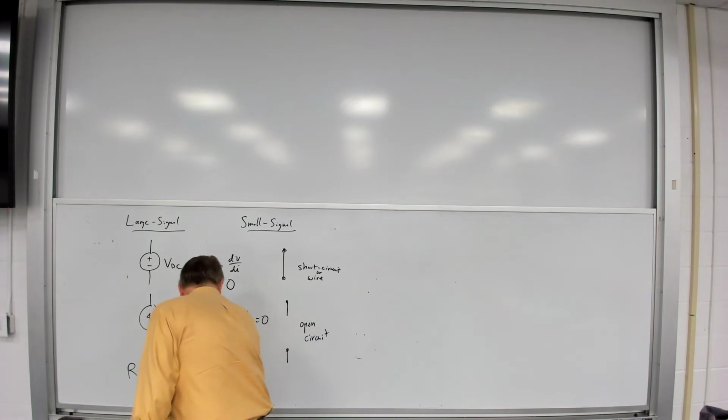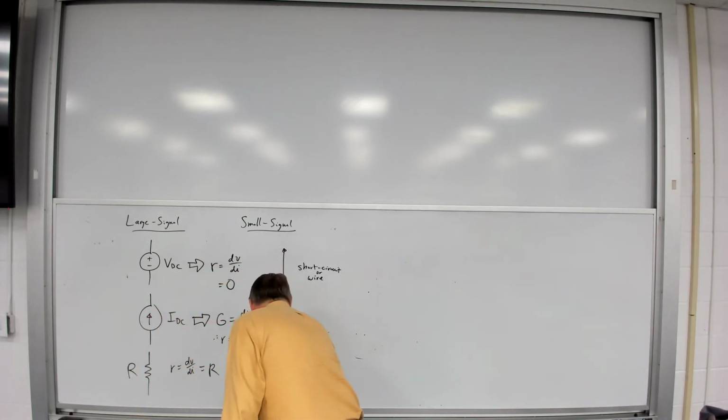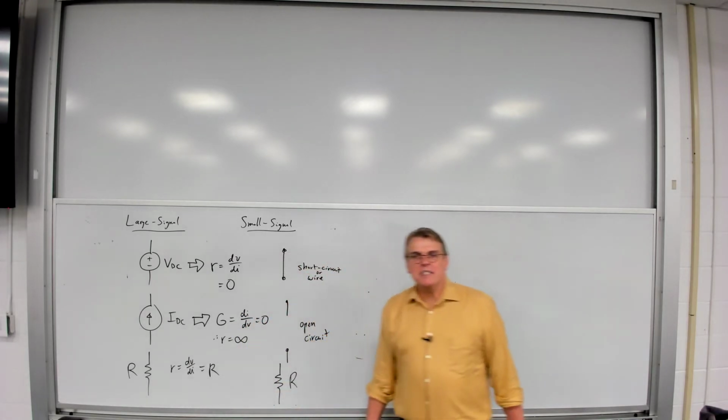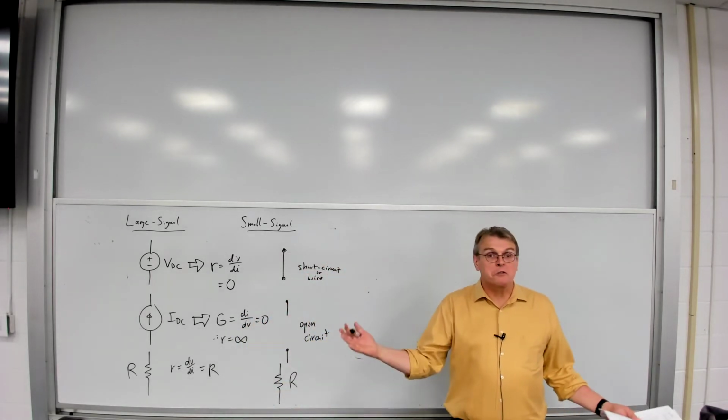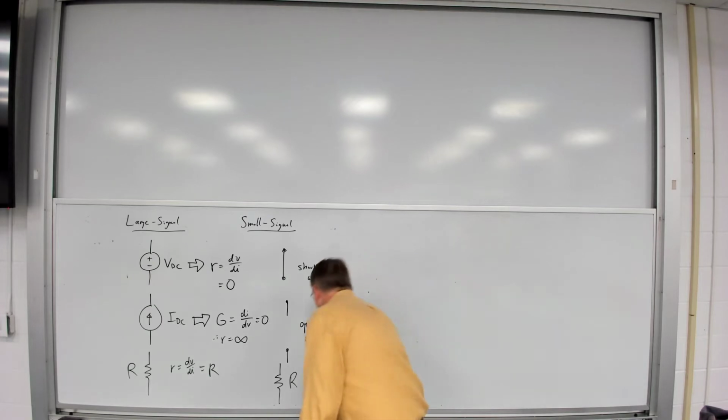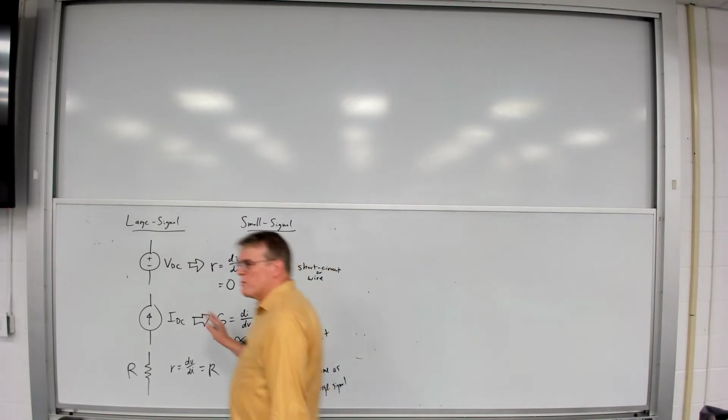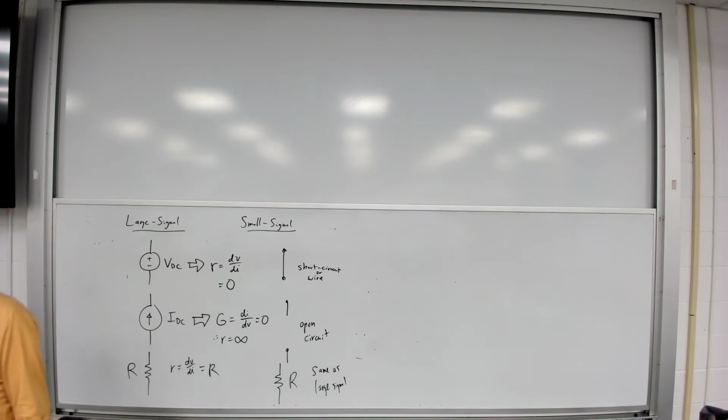It's just equal to R. And so therefore, in the AC domain, in the small signal domain, resistors do not change. Like I said, this should look familiar to you. This is very similar to what we saw when we did phasor analysis in circuits 1. You saw similar types of transformations. All right?